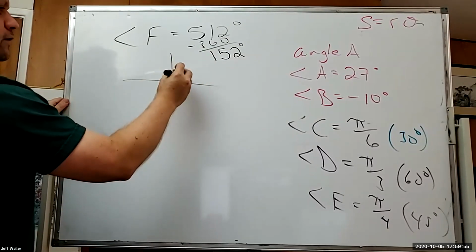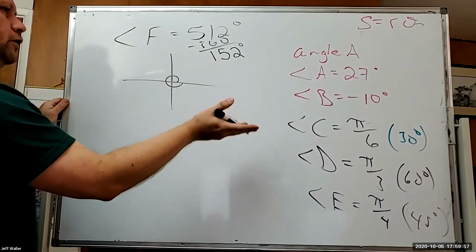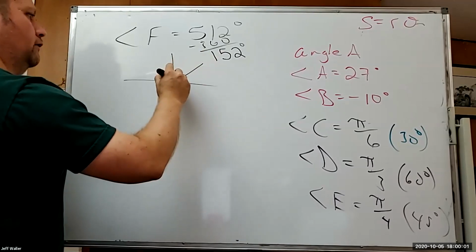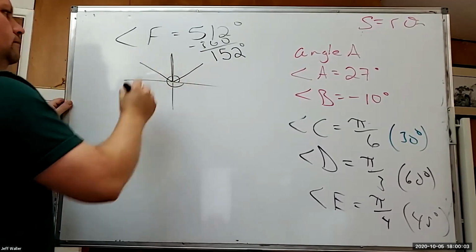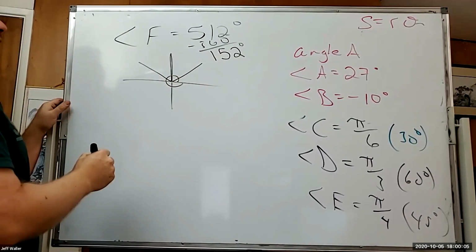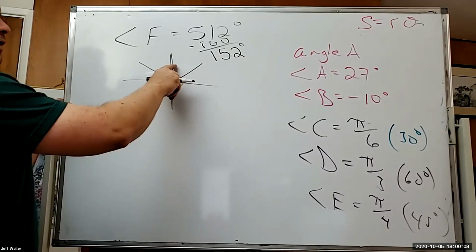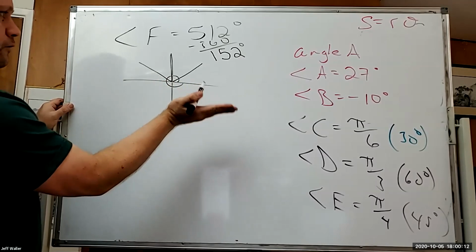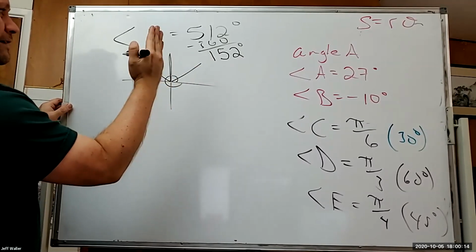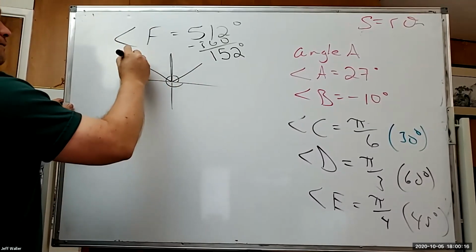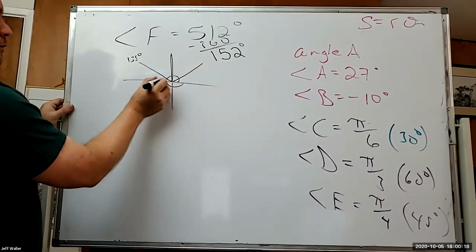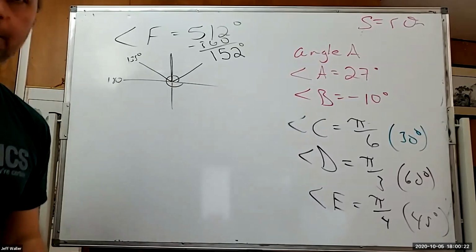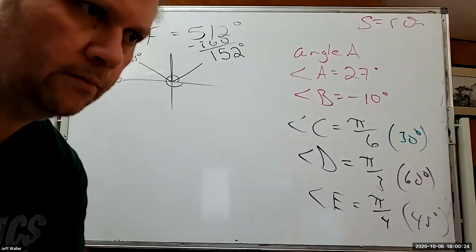So let's do some degrees here, because if you don't know the degrees, the radians are going to be that much harder. So that's 45. That's 90. What's this? 45, 90. What's this? 45, 90, 135. So then 152 would be in here somewhere, because this, of course, is 180. Is everybody with me? What would this be?